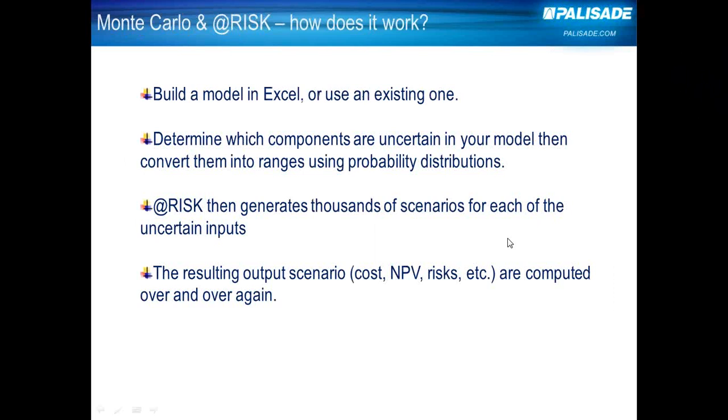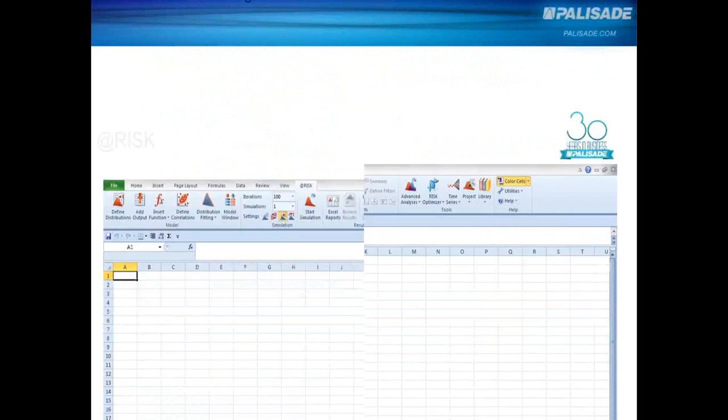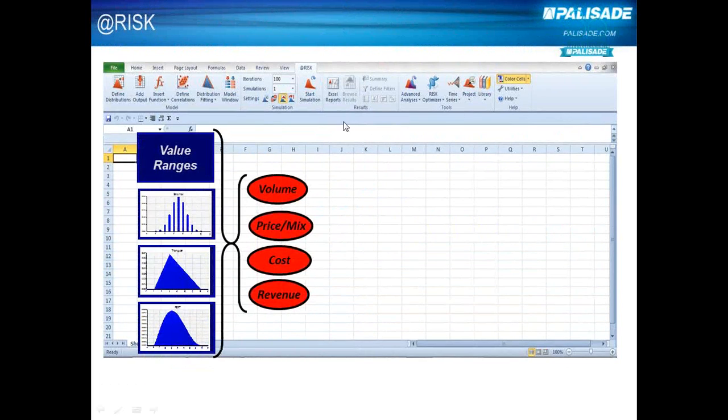And I'll send around this PowerPoint afterwards to anybody who wants it, so I won't just read text off the screen. So this is @RISK. You've got the @RISK toolbar here. We have our probability distributions. We have the same inputs to our model, but now they're probabilistic.